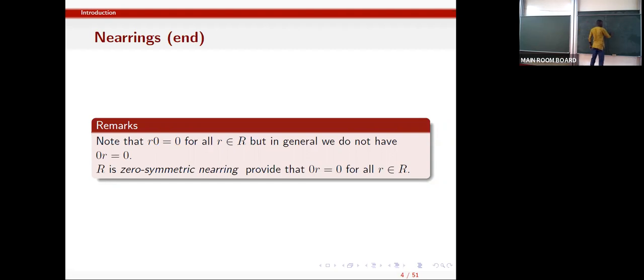If I consider the function f of x equal to cosine x from this near ring, then composing f of x with 0 gives you cosine of 0, which is 1. So it is different from 0. But we are going to assume that this equality holds. Every near ring where this equality holds is called a zero-symmetric near ring, because we require this to do our work.